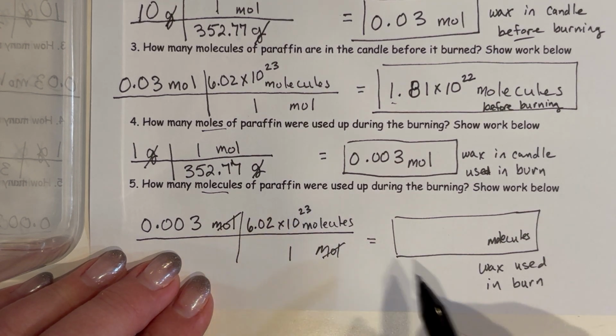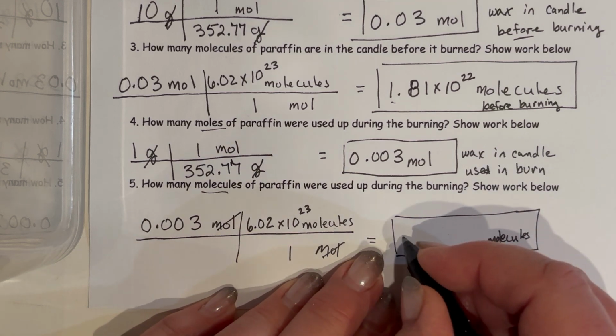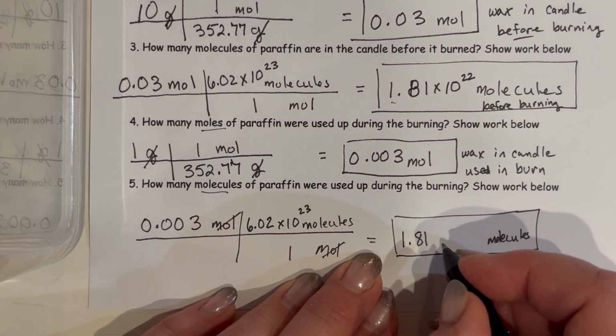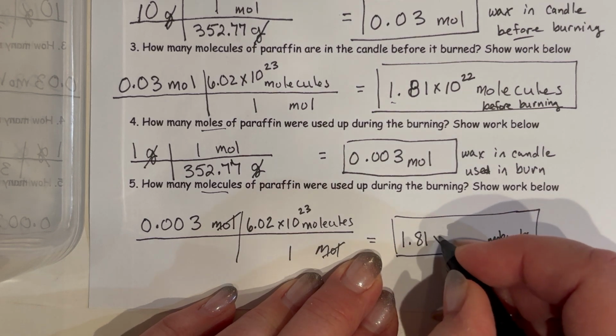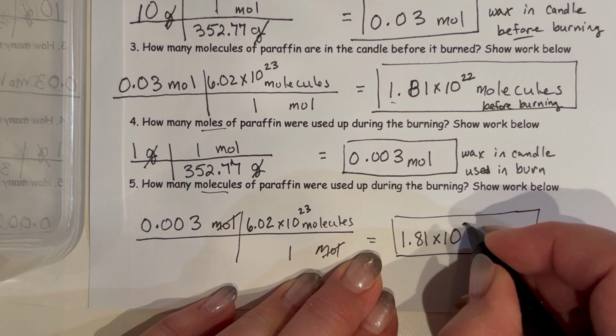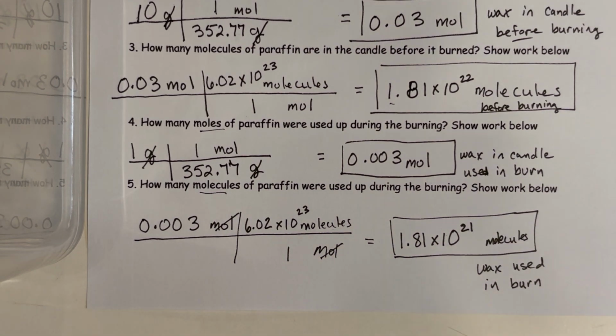We put that into our calculator, and then we're rounding to the nearest hundredth place. It's 1.81. And then you're going to have a little e. You're going to write that down as times 10 to the 21 molecules of wax used during the burn.